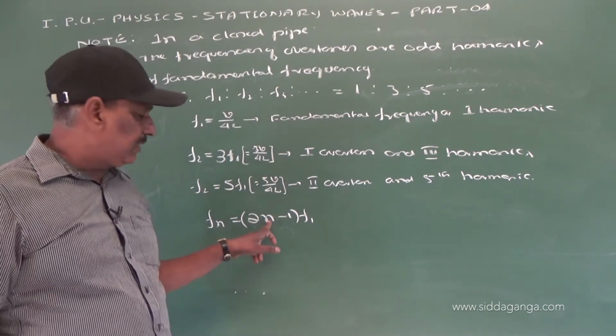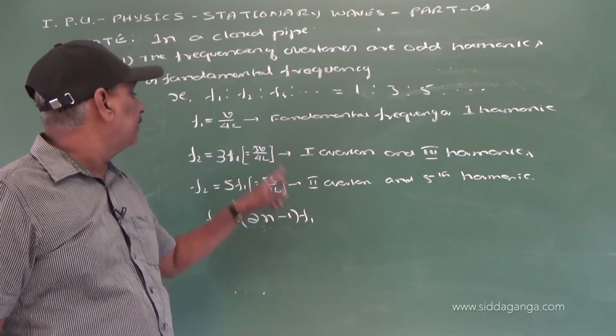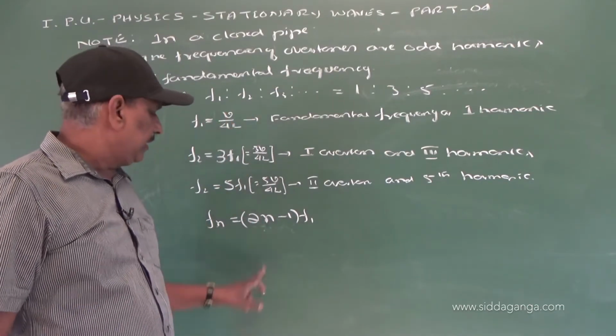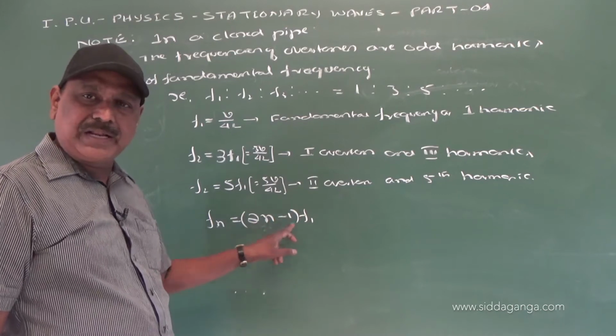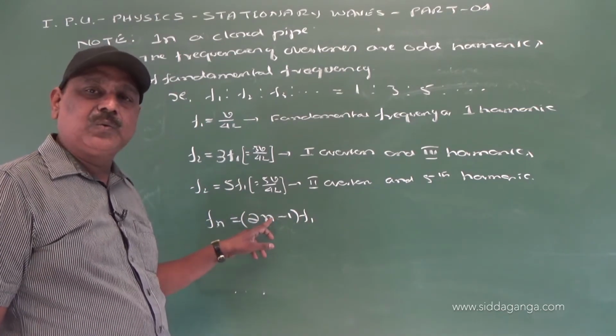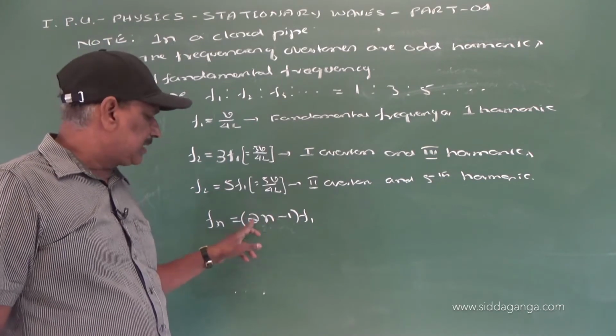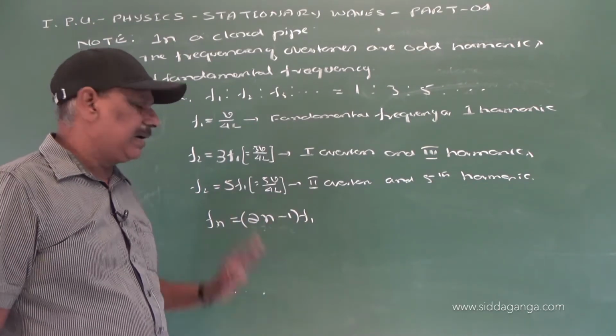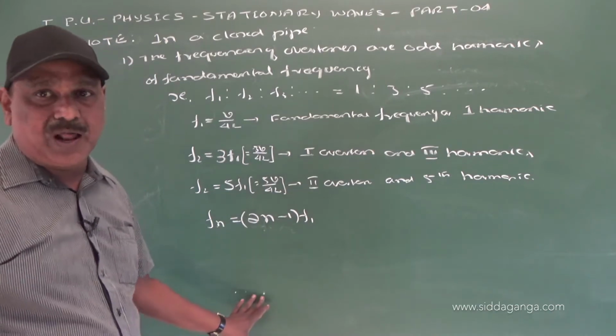When you put n equal to 1, 2 minus 1, F1. N equal to 2, 4 minus 1, 3F1. N equal to 3, 6 minus 1, it is 5F1, and so on.